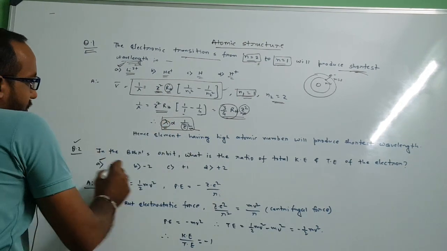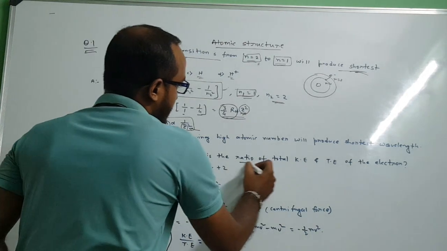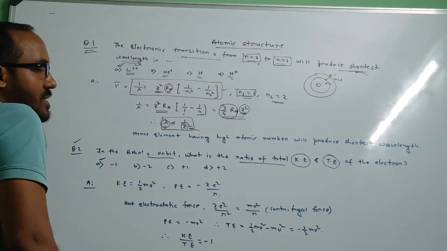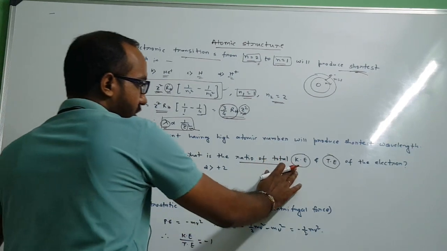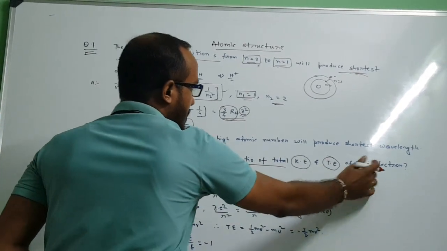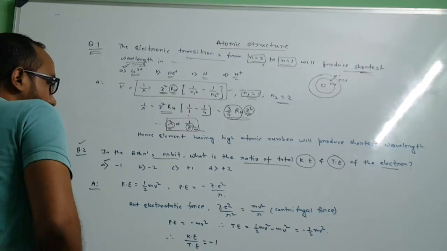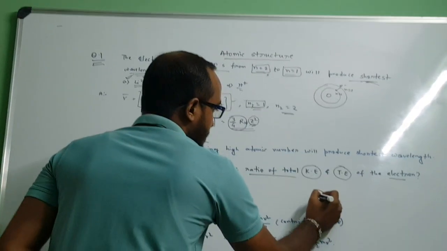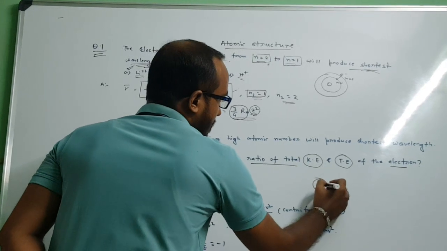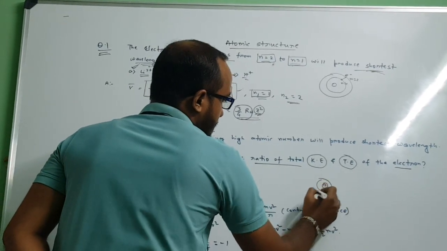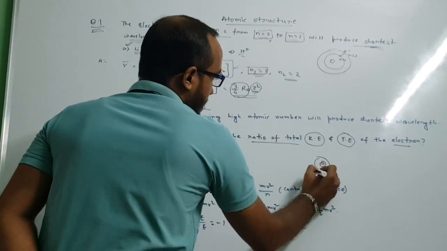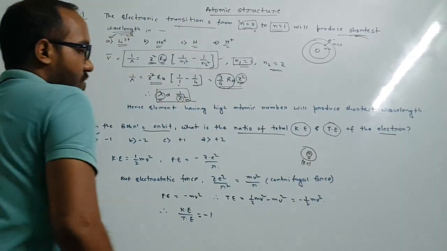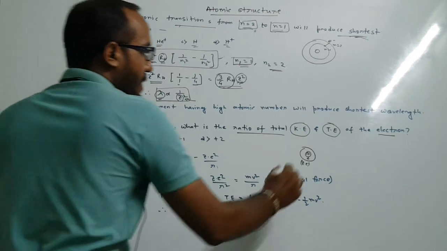Now question 2. In Bohr's orbit, what is the ratio of kinetic energy and total energy of the electron? See, if this is our nucleus, we know the charge of the nucleus is positive, that is Ze. The charge of the proton is Ze.